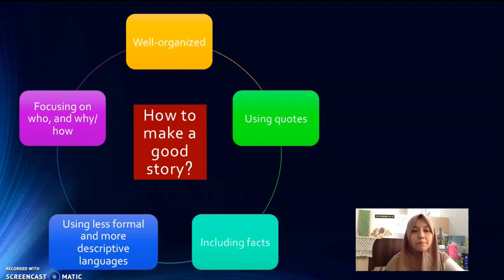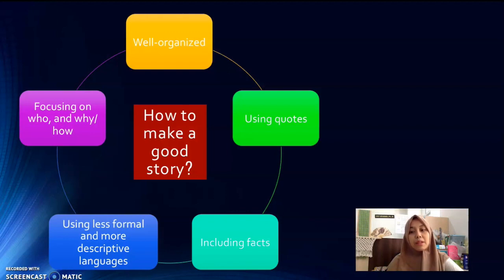So make sure that you use a lot of descriptive language. This is important to ensure that the readers or your audiences can picture this person and understand how amazing this person is.